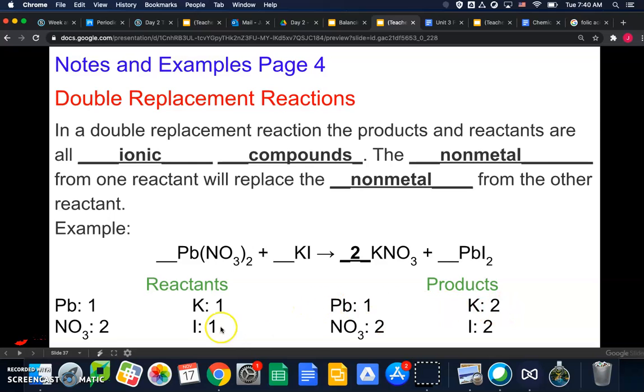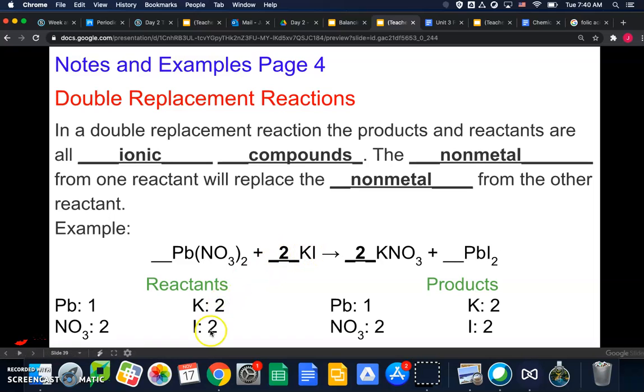So now the nitrates are balanced, but the potassiums and the iodides are unbalanced. You can see we've got 2 of each on this side and 1 of each on this side. So I'm going to fix both of those by putting a 2 in front here. That's going to make it so that I now have 2 potassiums and 2 iodides. And then everything should be balanced now.